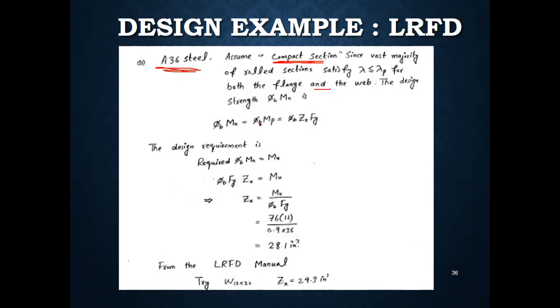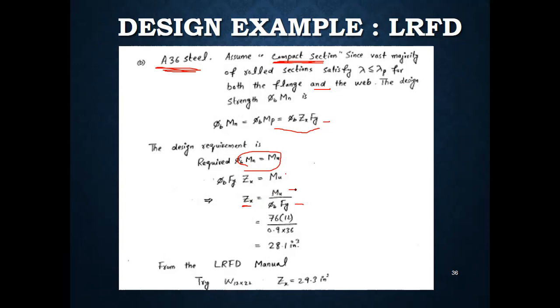So the design strength of the member, which is the nominal moment or ultimate moment, is equal to φb times plastic modulus times yield stress. We put in the value of Mu as φMn, and find the value of Zx, the plastic modulus, which becomes Mu over φb times Fy.